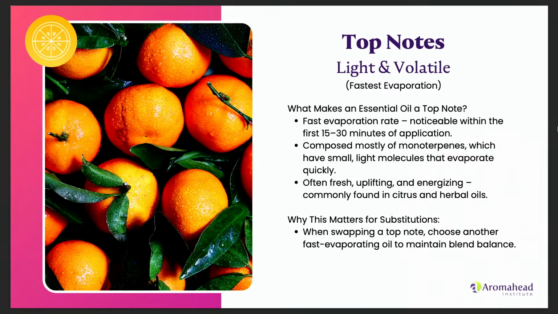So this is what makes them fresh, uplifting, and energizing, and I would say all citrus oils fall in that category, and most of our herbal oils do too. So why this matters for our substitutions is when we're trying to swap out that top note, we can choose another light and fast-evaporating essential oil to maintain the balance of our blend.